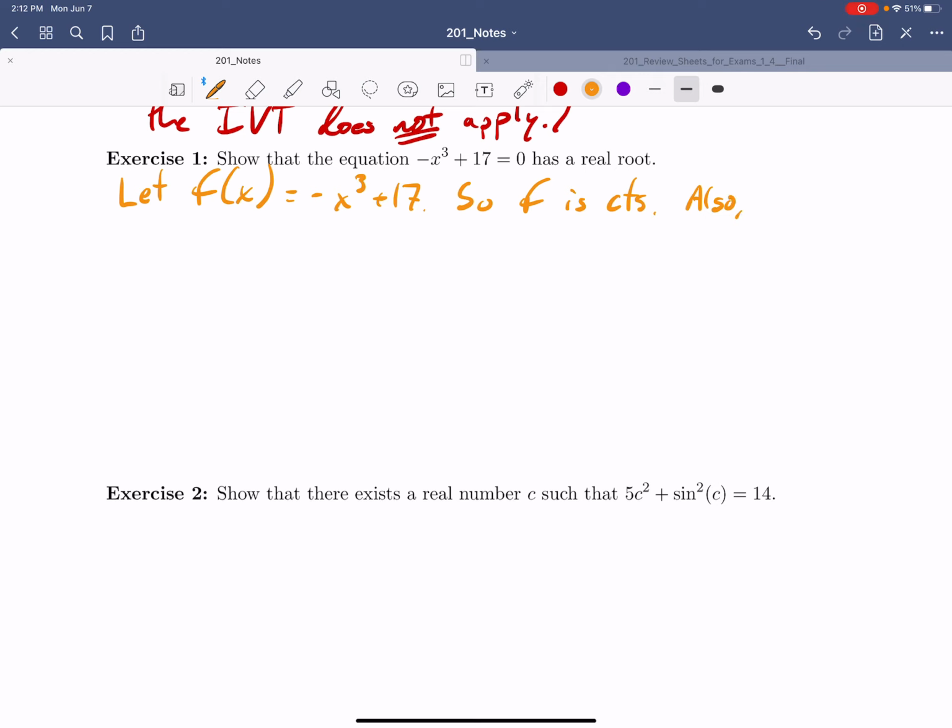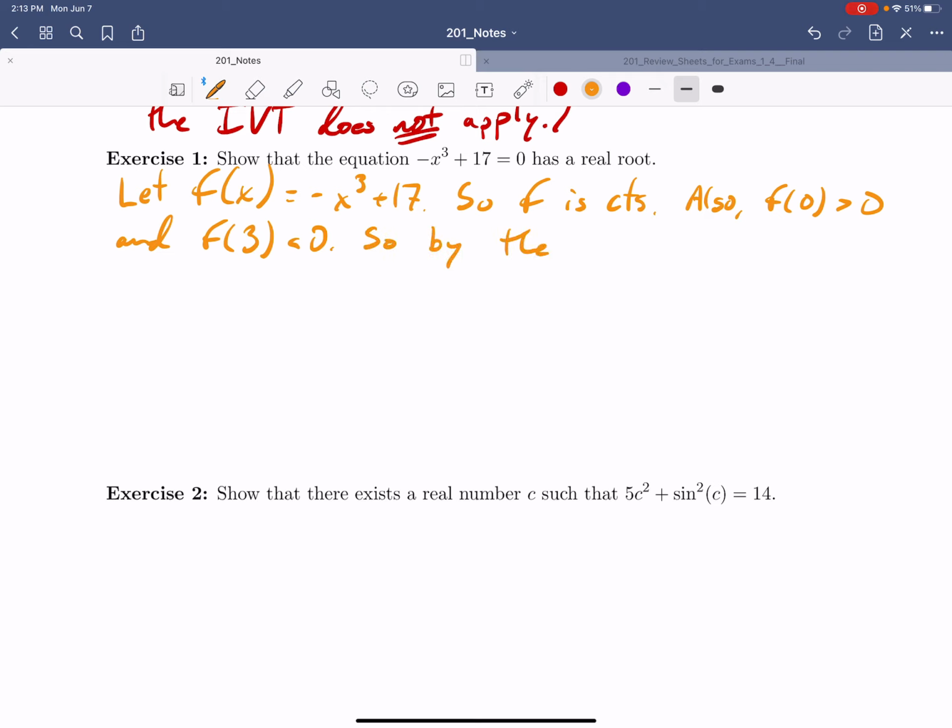Also, f of 0 is greater than 0, and f of 3 is less than 0.